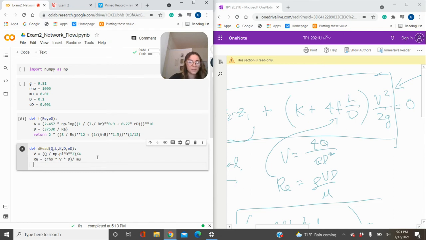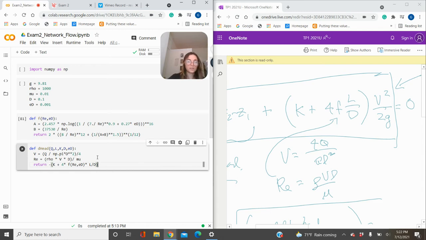So if we set it equal, it's going to be returning negative K value, keep it constant, capital K value plus 4 times f, the function of our Reynolds number and roughness factor, times the length over the diameter.